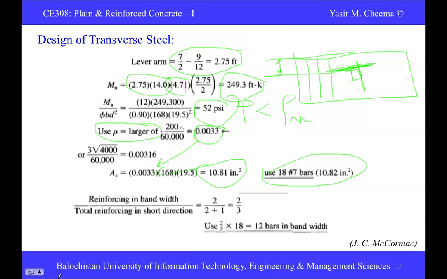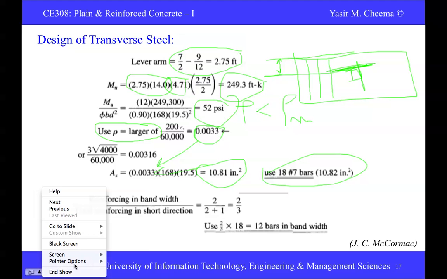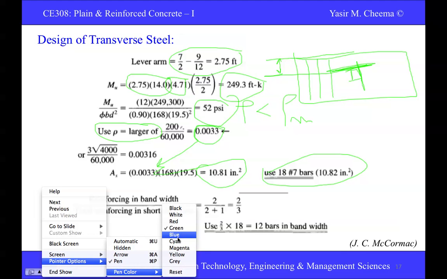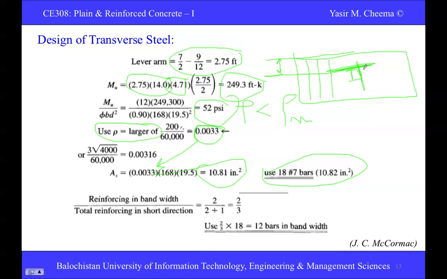One more thing I remember is the bandwidth, the band where we put more reinforcement at the column. This is the column, and this is the band section, the bandwidth. Here the reinforcement concentration is more, more closely spaced, and more reinforcement is provided here than on the sides. How much reinforcement to provide in band B is simple. The reinforcement in the bandwidth over the total reinforcement in the short direction is 2 over beta plus 1.